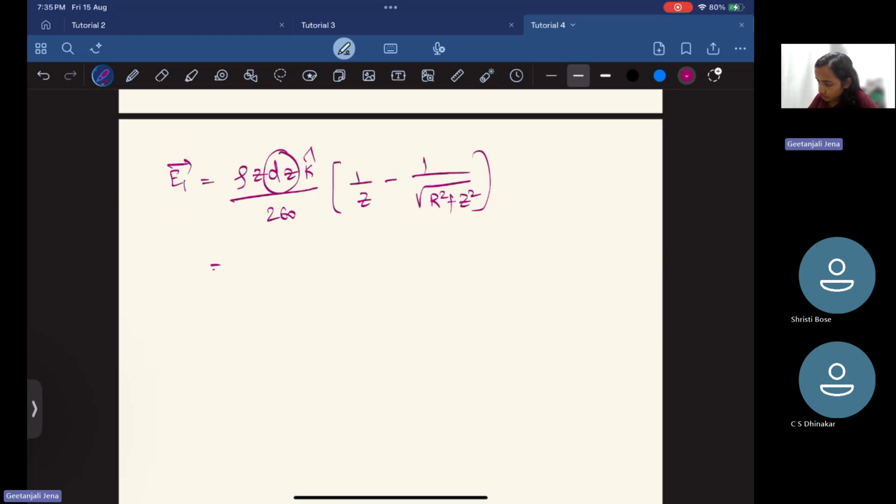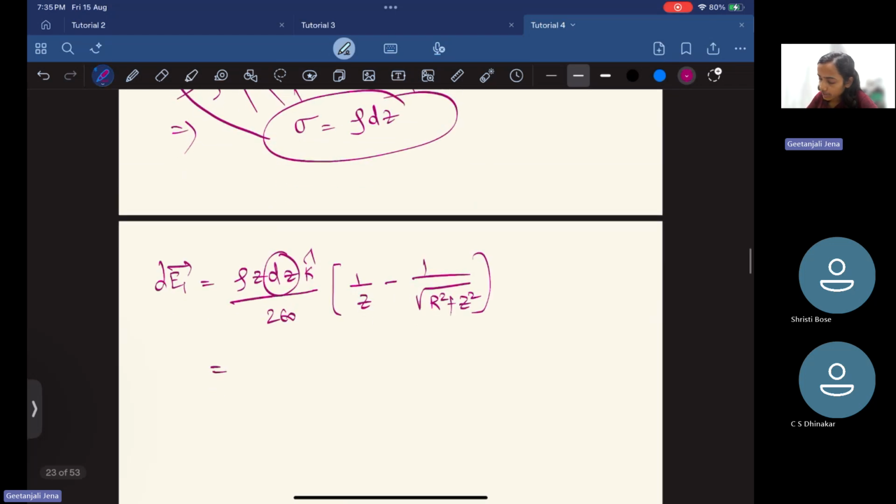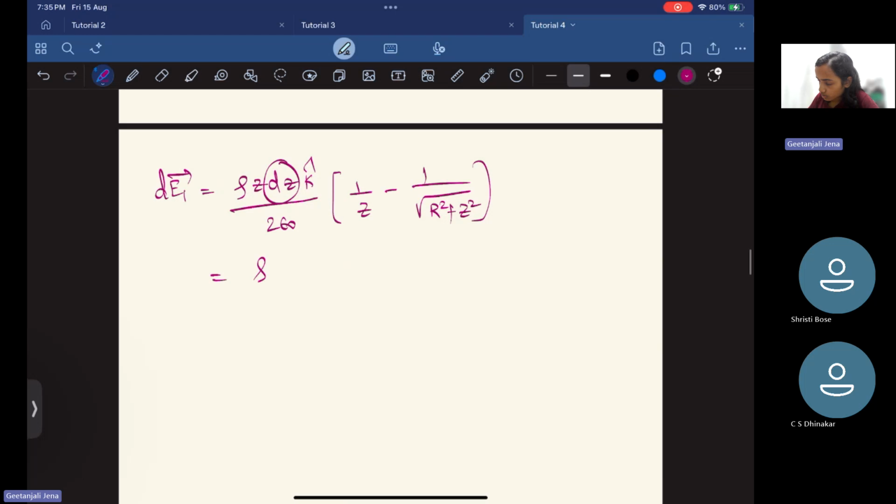Okay, so we'll rewrite it. So this is rho k cap by 2 epsilon naught dz, and the integration is from, we'll see the integration limit. First, let me write out the terms.